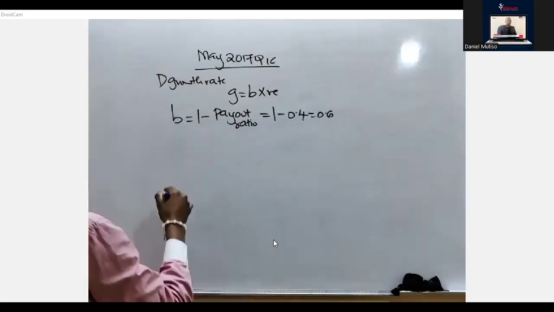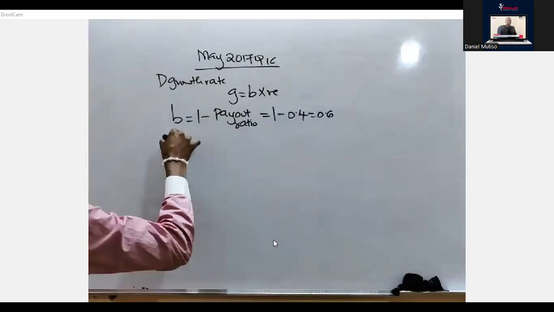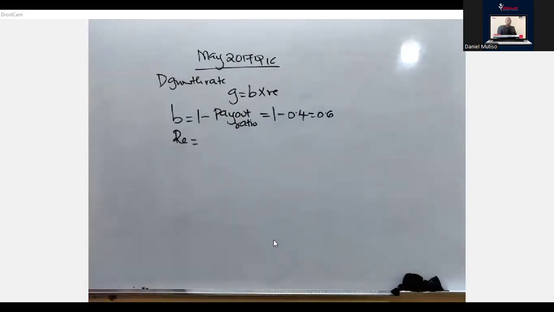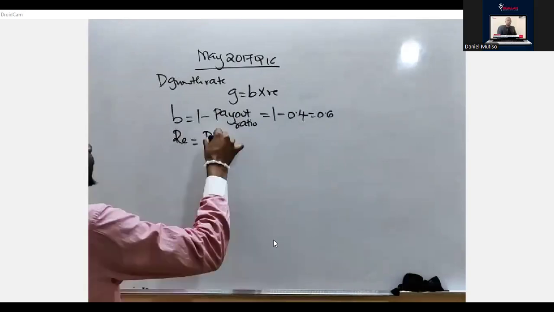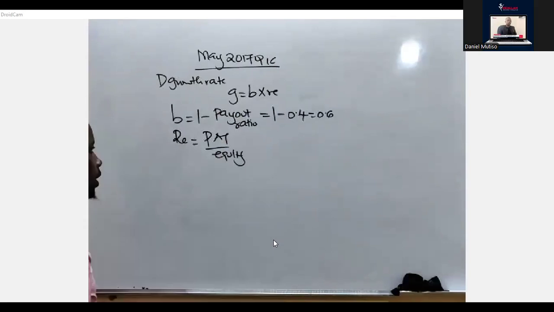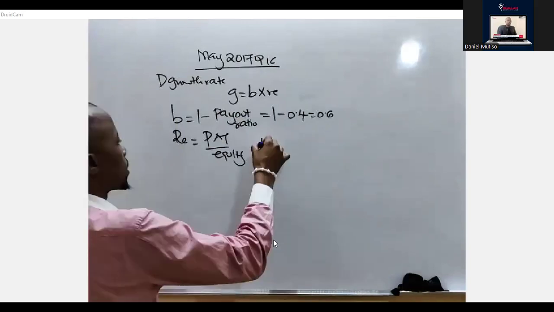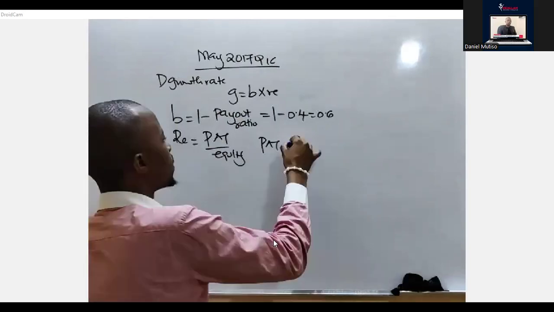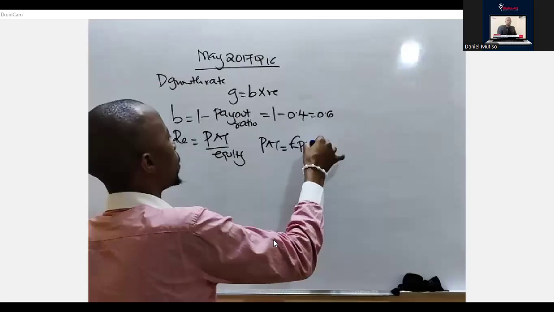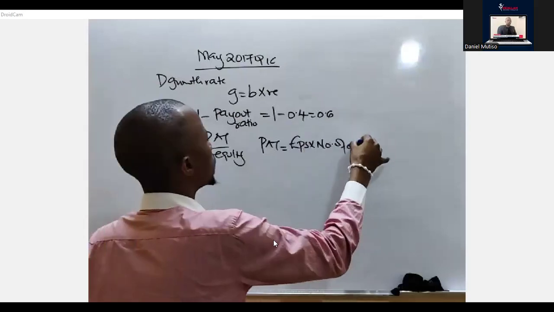Then we have the return on equity. We get it by taking the PAT, the profit after tax, and dividing by the equity. To get the profit after tax, which is not given in the question, we take the earnings per share and multiply by the number of ordinary shares.